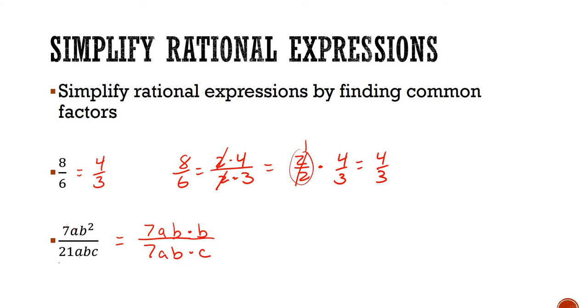And on the bottom, I have a C factor, and I have a 3, because 21 was 7 times 3. The 7AB can all go away. That's all just a great big 1. 7AB over 7AB equals 1. And I have B over 3C as what is left over, or my simplified value.